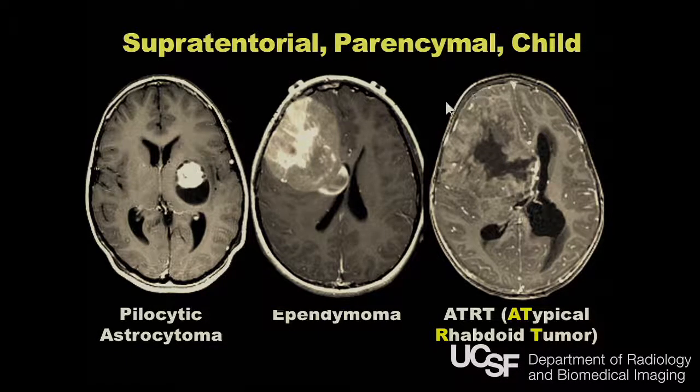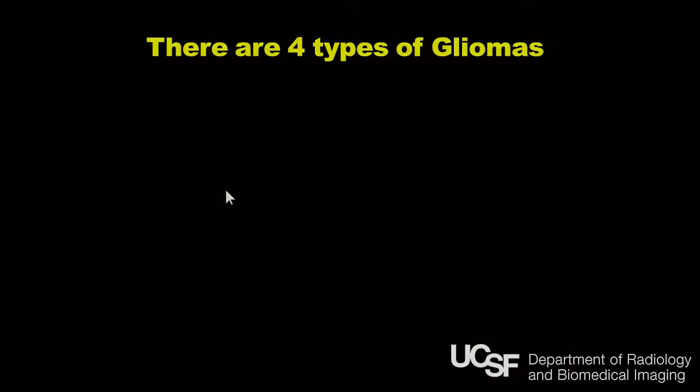This is probably one of the worst, most aggressive tumors that I've seen, and it is usually limited to the pediatric age group. It's a devastating tumor. You look at it and you know that this tumor is coming from the parenchyma and basically destroying the parenchymal margin. Compare that to this nice, well-circumscribed nodule and cyst of a pilocytic astrocytoma.